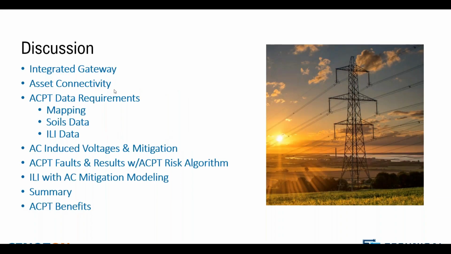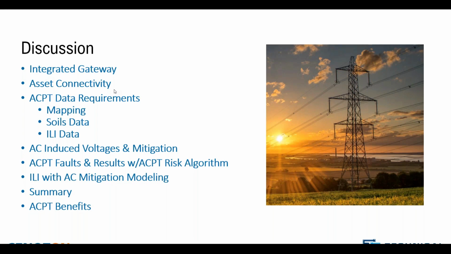So today we're going to be discussing our integrated gateway, more specifically asset connectivity within that gateway or within that integration, and then more specifically on data requirements for AC mitigation and workflows, so mapping data, soil data, ILI data.